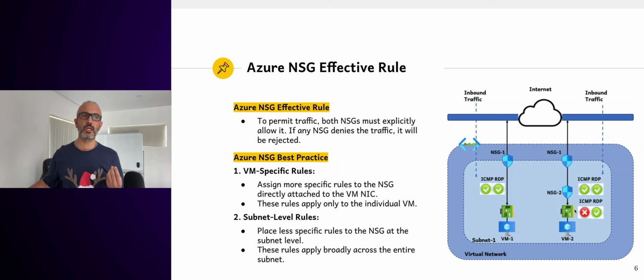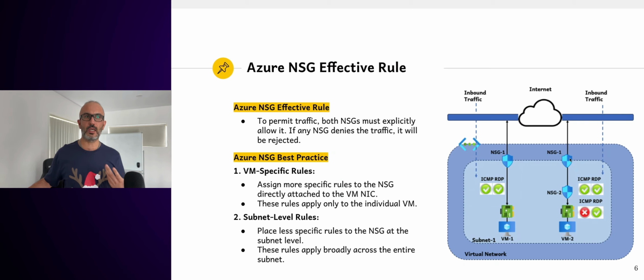But if you want to block ICMP, which is the ping, assign it to the network security group closest to the resource that you want to protect. So if you've got a sensitive resource here in VM2 and you don't want this resource to be reached by ping or ICMP, you have to block that protocol within network security group 2.